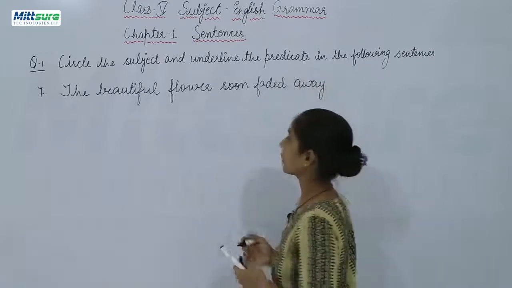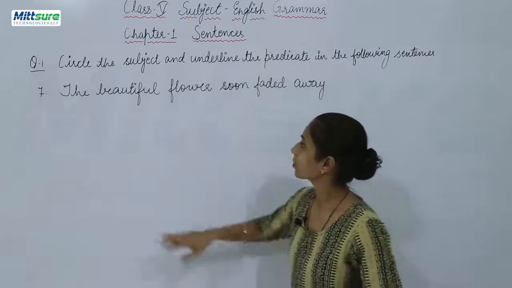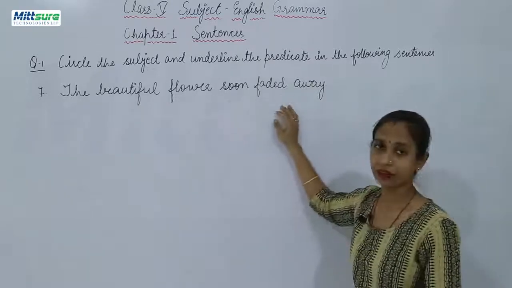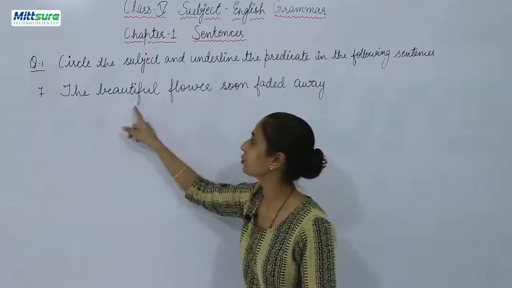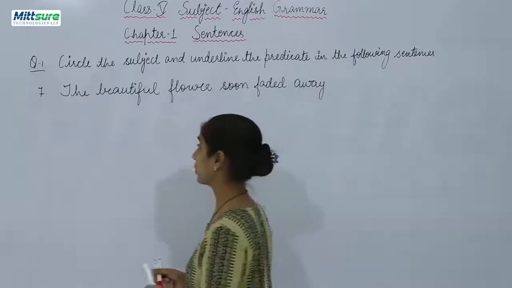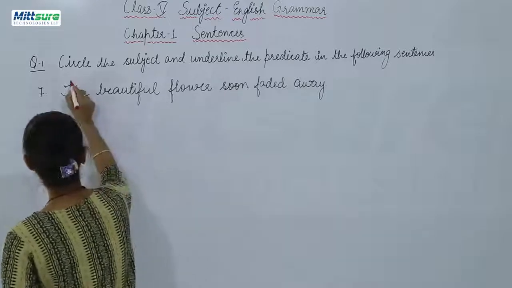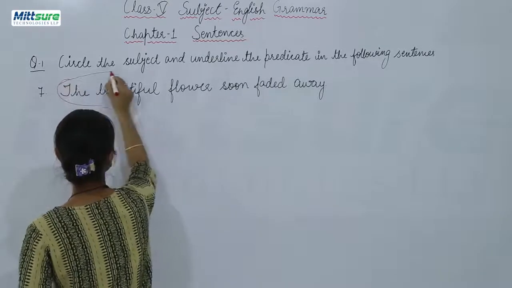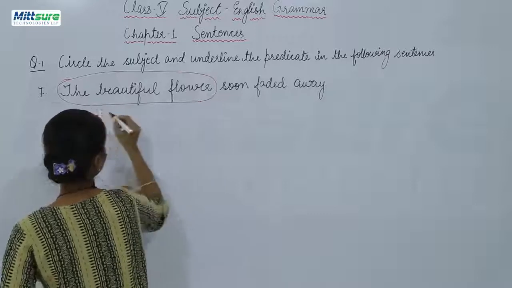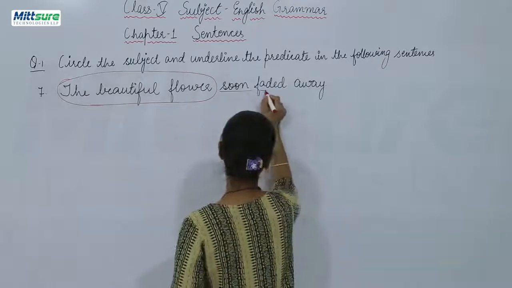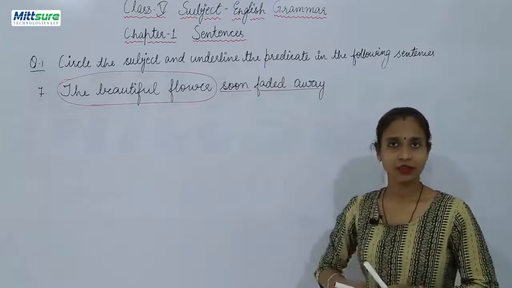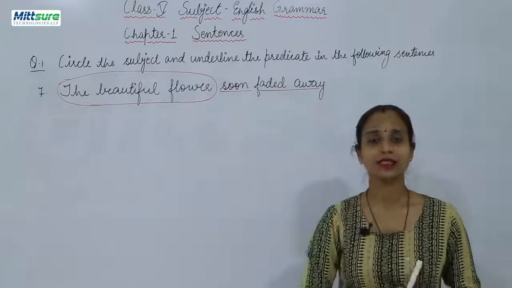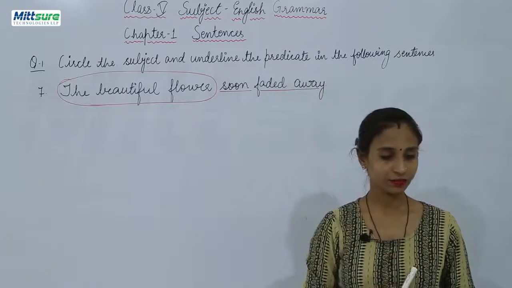Yep. So, the beautiful flower soon faded away. Who faded away? Who soon faded away? The beautiful flower. So, the beautiful flower will be the subject of the sentence. And the rest part, soon faded away, will be the predicate. Am I right? Yes.